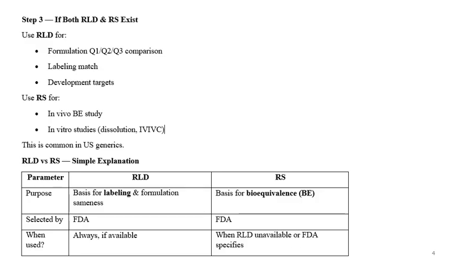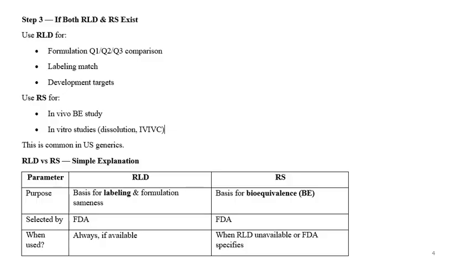RLD versus RS. So RLD purpose is basis for labeling and formulation sameness. RS is basis for bioequivalence. RLD and RS both are selected by the FDA, and RLD is used when it is available, and RS when RLD is unavailable or FDA specifies. Sometimes both are available.